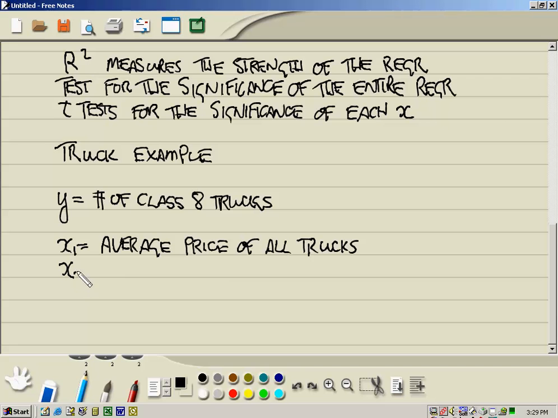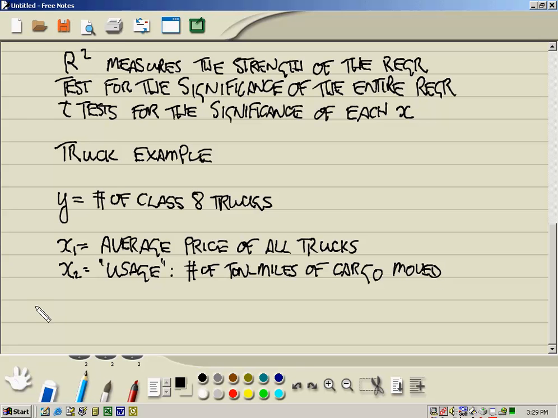And the other x variable, we can call that the usage variable. It's the number of ton miles of cargo moved by the existing stock of trucks.